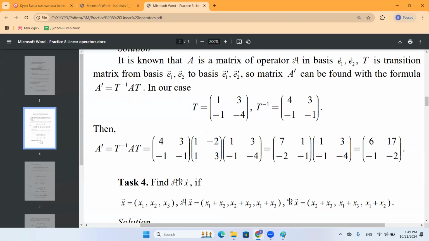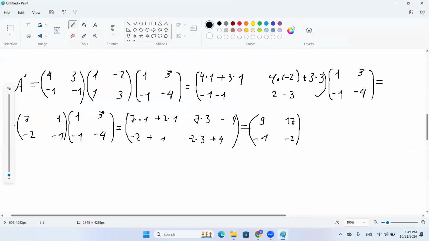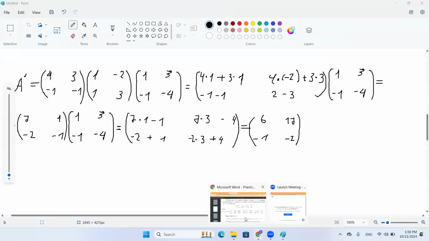Okay, let's recalculate it as well. So 7 minus 1. Why was I calculating in such a way? It's interesting. That's a riddle. But nevertheless, we have the final result. So yeah, now everything is correct.